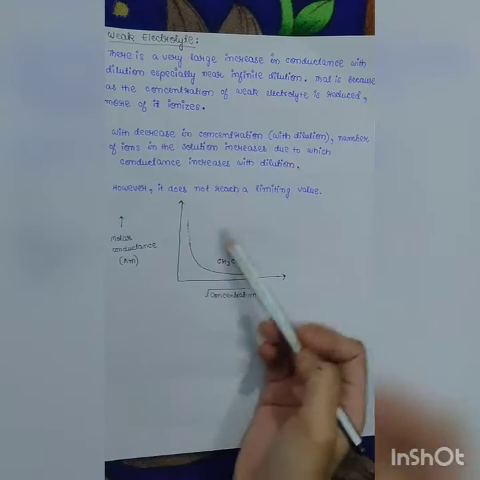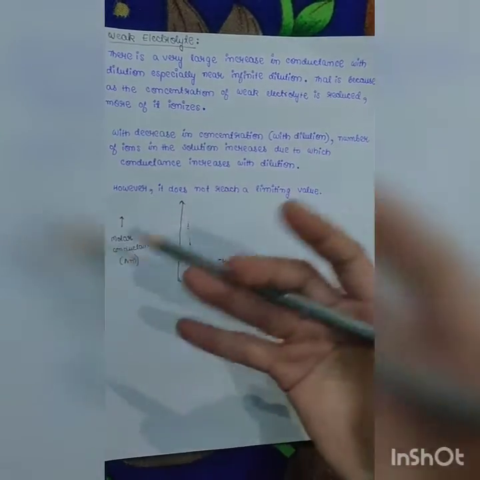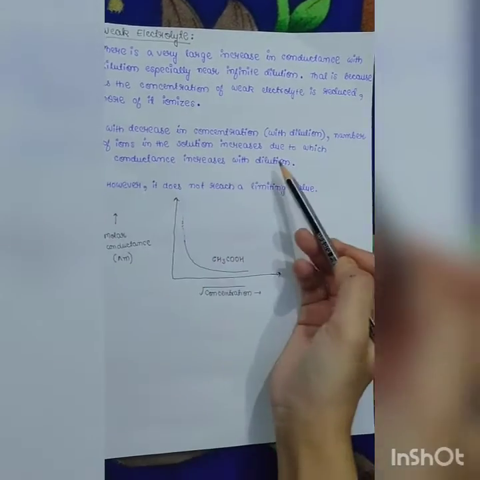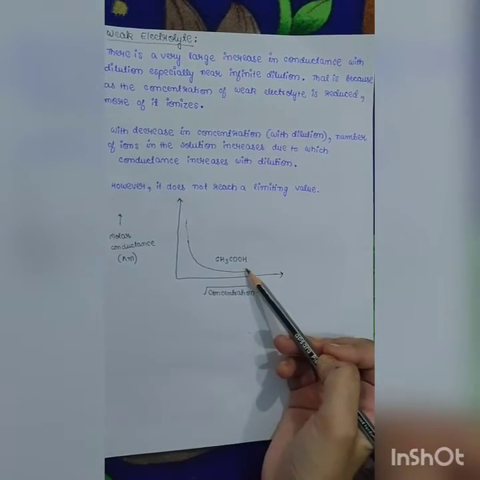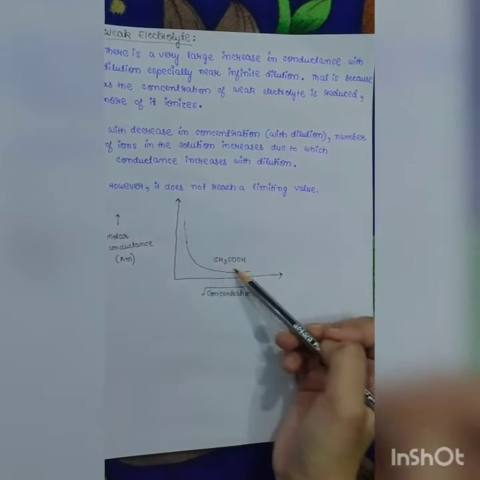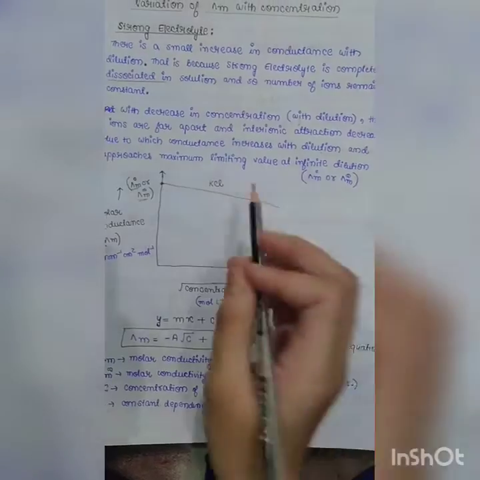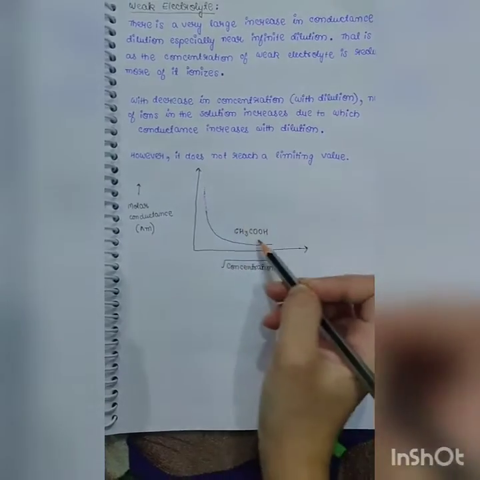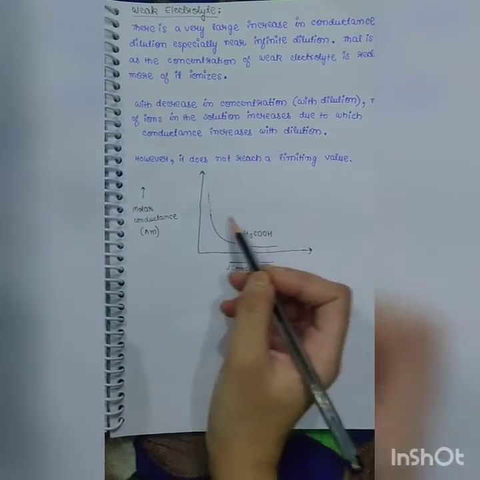When concentration is decreased or we add more water, the number of ions will increase, due to which conductance will also increase, and this will be a greater increase in conductance, because here the number of ions was increasing, whereas in case of a strong electrolyte ions were not increasing but mobility was increasing. Here the number of ions is increasing, so the increase in conductance is more as compared to a strong electrolyte.